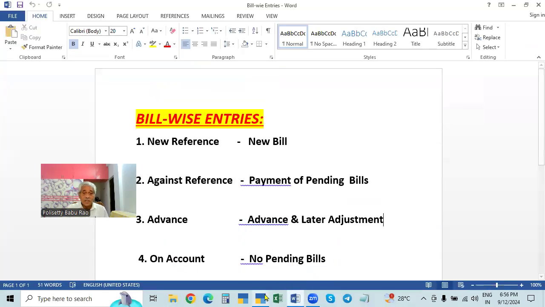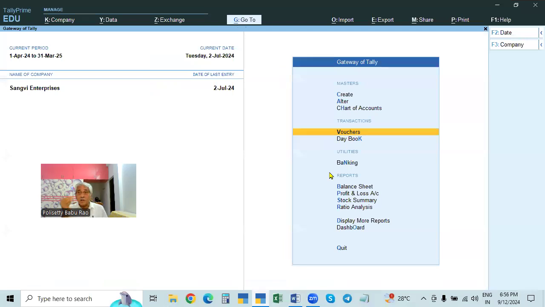And sometimes in the customer account, that is our debtor account or our creditor account, we have to make some adjustments, increasing or decreasing. For increasing, interest, or decreasing, discount, we are again not against any bills.